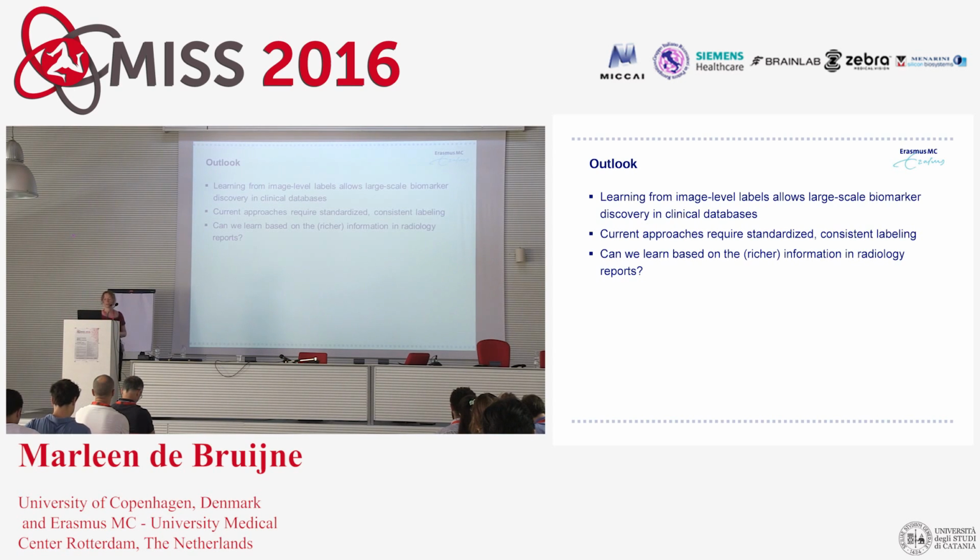So I think where this should go eventually is to learn from hospital databases and hopefully to learn from the much more rich information that is present in radiology reports. So this will go both ways.